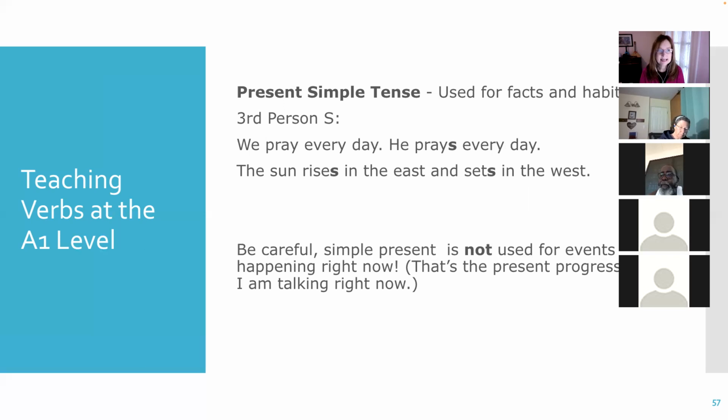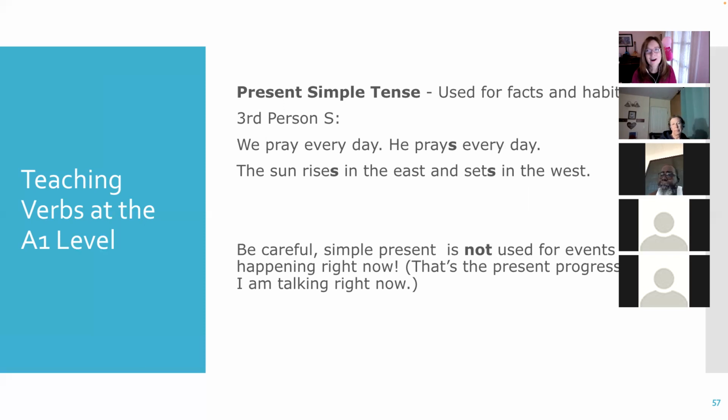So for example, when we talk about a habit, we can say we pray every day. But if the subject is he, you'd say he prays every day, with that S at the end of it.